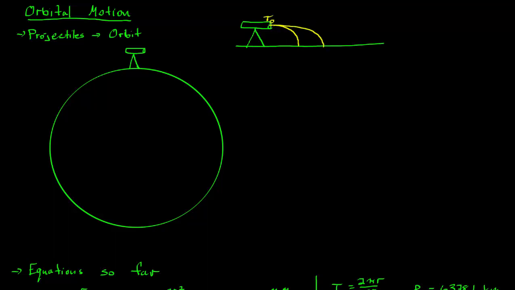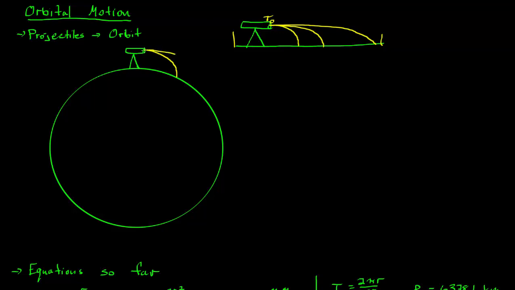The faster it goes at the beginning, the further it lands out. We approximate the Earth to be flat for short distances. But what happens when the velocity is fast enough that the Earth actually starts to curve? Well, then the object still continues to fall, but now it's going to hit a little bit later.